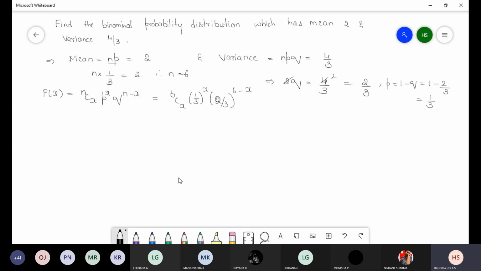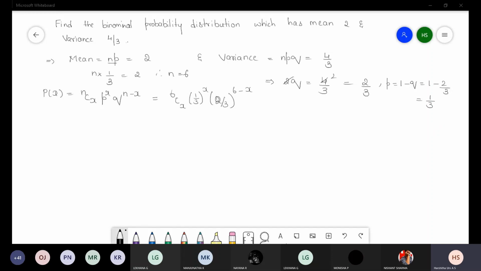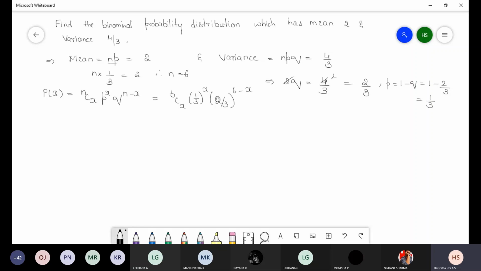Now they have not given the x value, so we have to start from x equal to 0. So from here x and here P of x. Our first value is 0: 6C0, 1/3 power 0, 2/3 whole power 6. Next x is equal to 1: 6C1, 1/3 power 1, 2/3 power 6 minus 1 is 5.